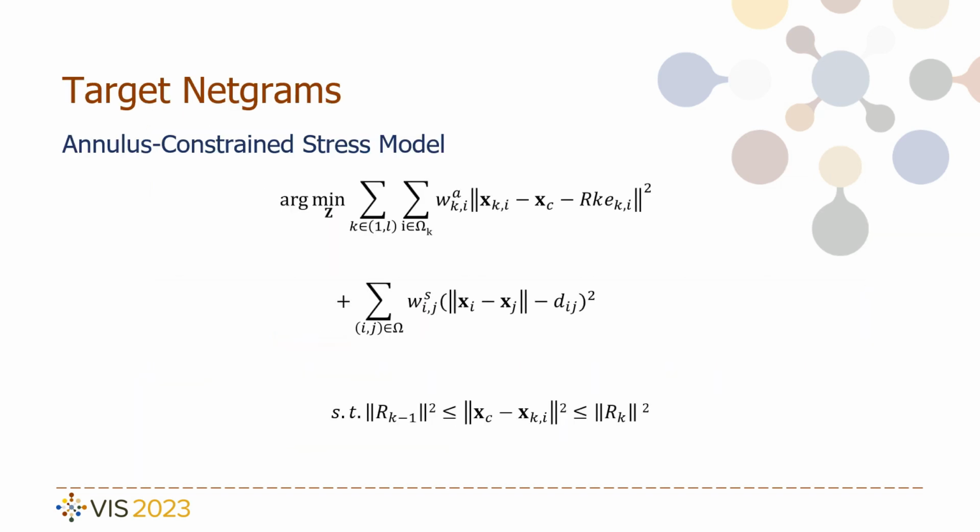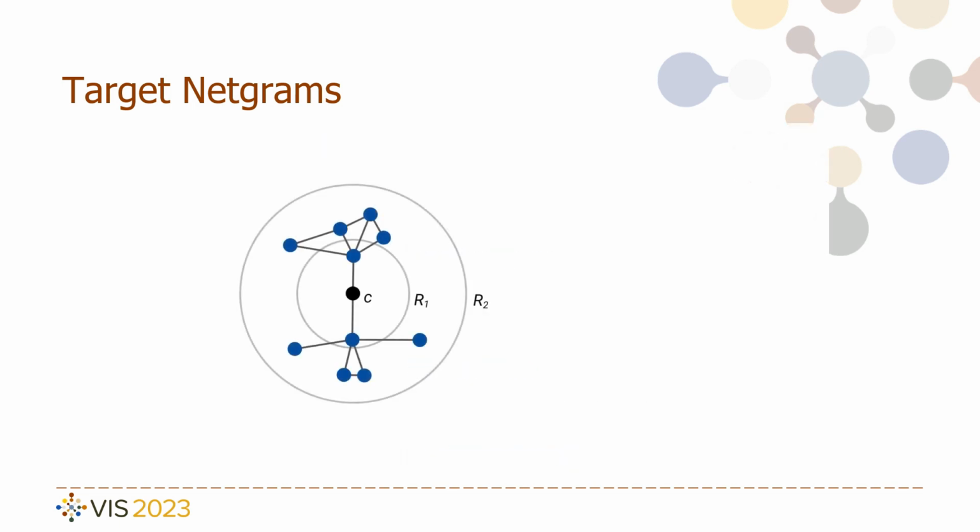Based on these three design requirements, we propose a three-term optimization equation as our model, which we call Target Netgrams. The three terms in this model are the angular term, the stress term, and the level constraint. The model works as follows.